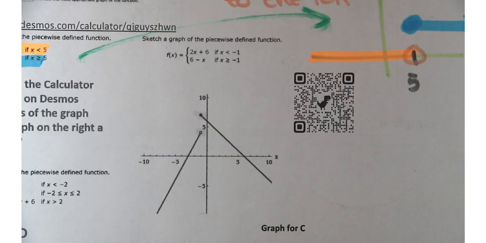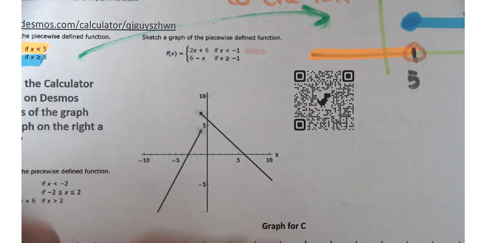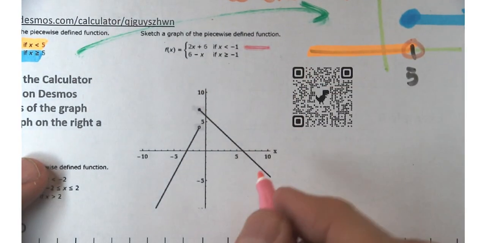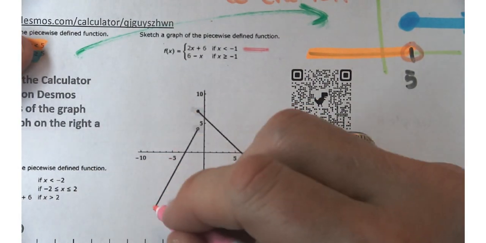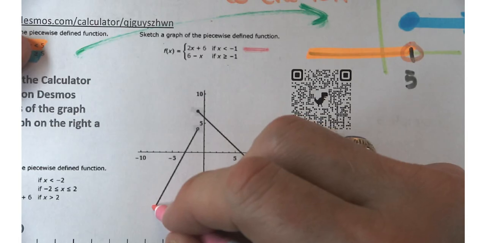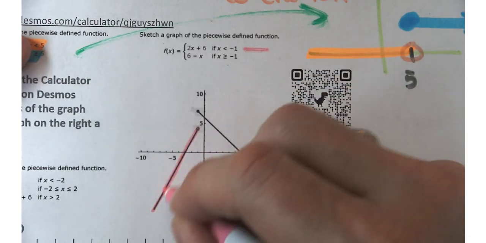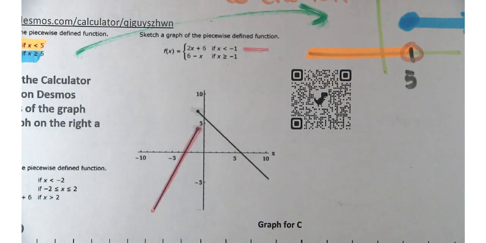I'm running out of colors here. Well, not really. Let me just do it this way. So, oh, that one's dying. Let's try this one. There we go. So that one's going to be here. X is less than -1. So that's that graph. And then we have another one.